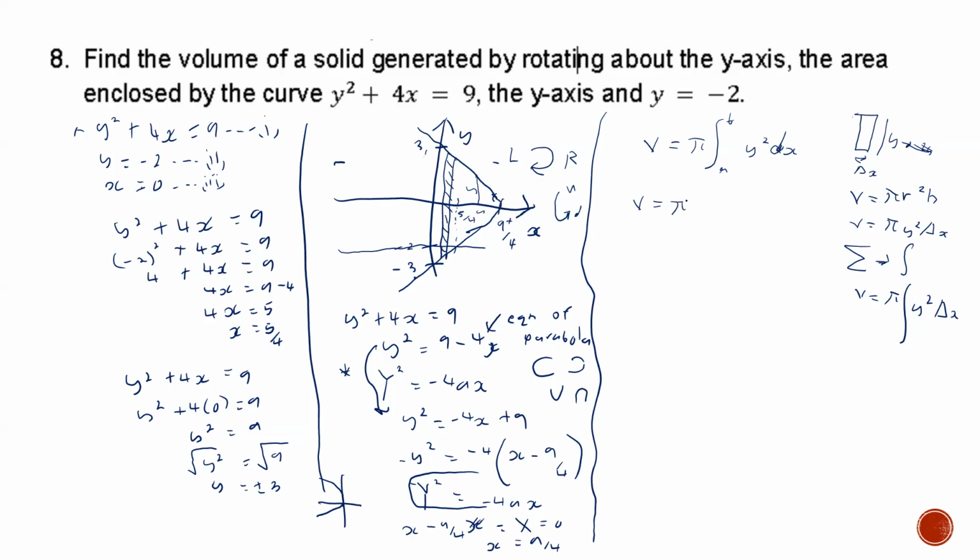So this would be pi y squared. Now the limits are here. The limits of this curve are -3 and 3. Why? Because this curve has been bounded between x equal to 0, the curve itself, and the line.